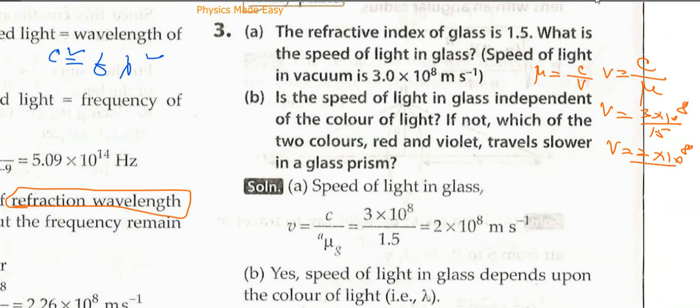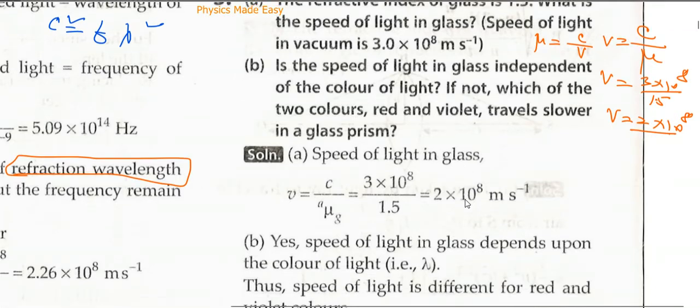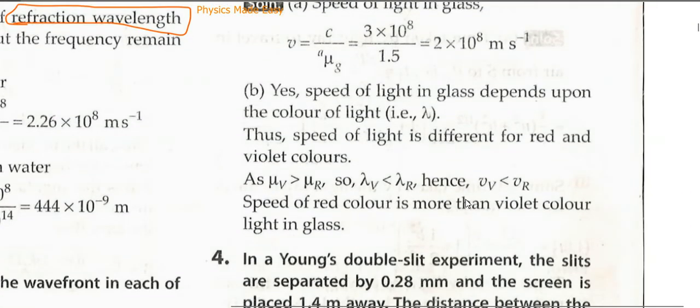Is the speed of light in glass independent of the color of light? No. If not, which of the two colors, red and violet, travels slower in glass prism? Now, how does speed of light depend on color? Remember this formula: mu is inversely proportional to speed in the medium.